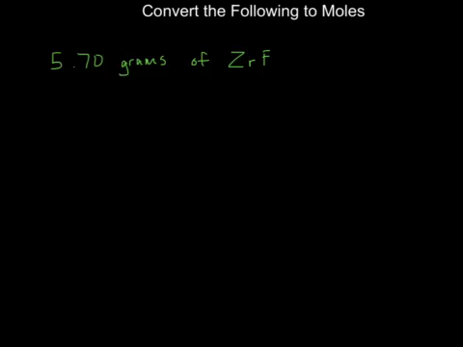Once again, we're converting grams to moles. Alright, so once again, start in the exact same place, finding the molar mass. Right, we find the molar mass to be 110 grams.